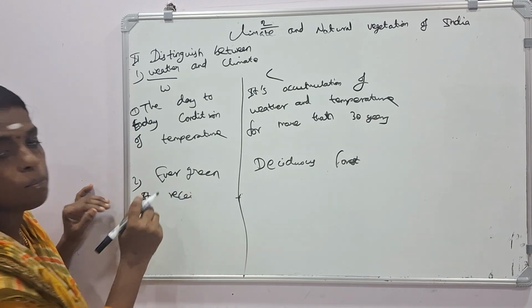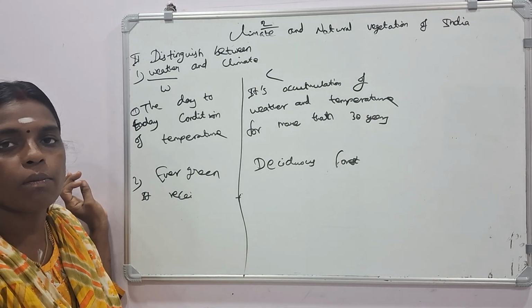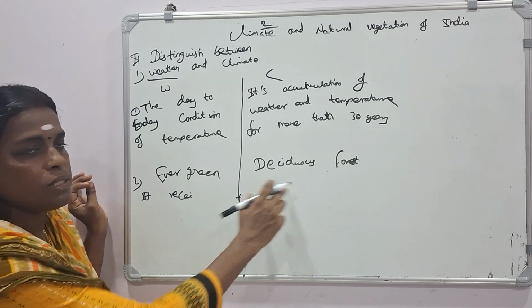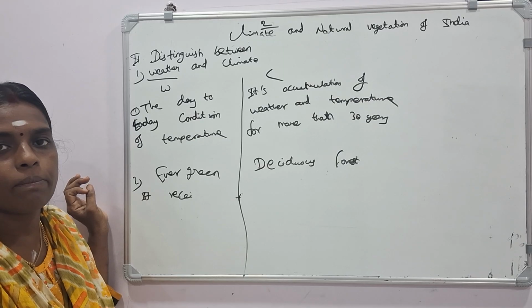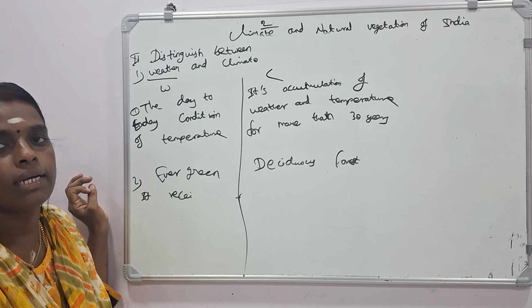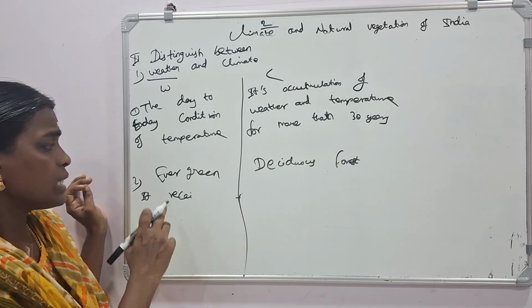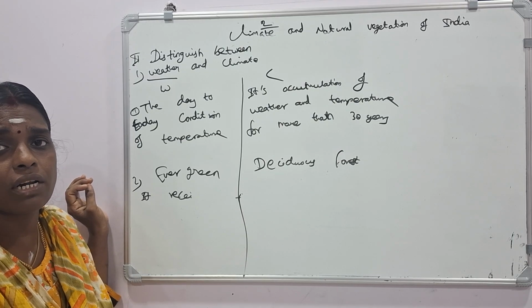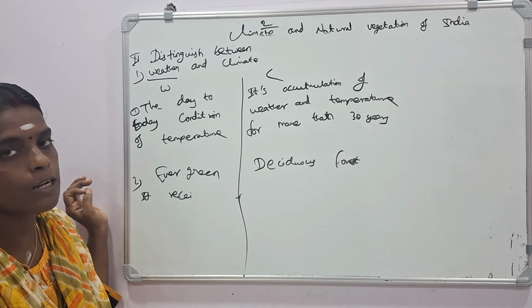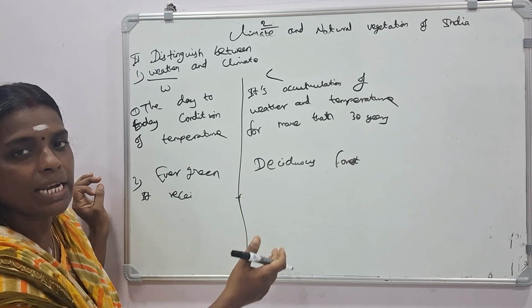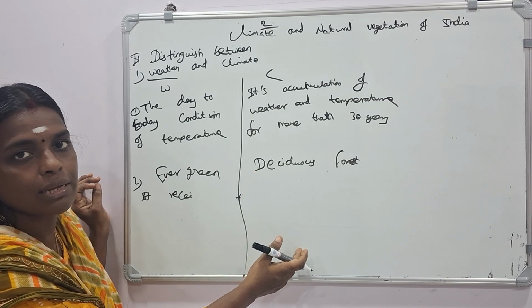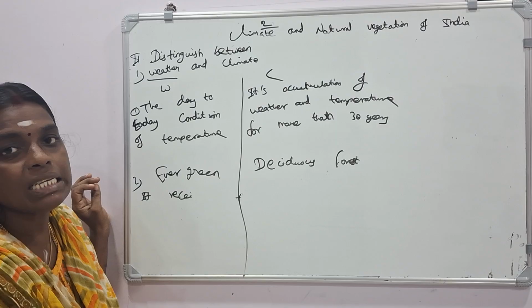First point, it receives rainfall of more than 200 centimeter. Opposite side, deciduous forest receives rainfall between 100 to 200 centimeter. Second point, temperature. The temperature in evergreen forest is 22 degrees Celsius. Meanwhile, the deciduous forest area has a temperature of 27 degrees Celsius.